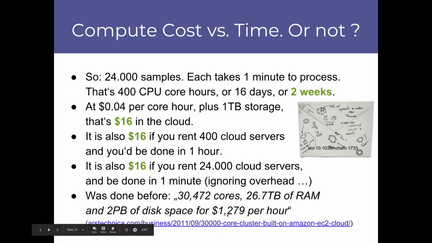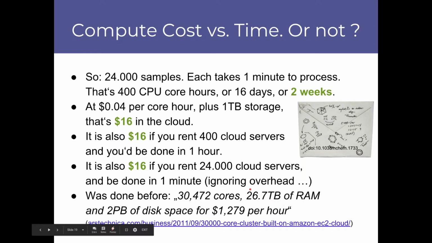It's $1,200 per hour. And they were doing that for some big pharma company, and they were running a large screening study, and it took a couple of days. But if they had done that on the in-house cluster, it would have taken weeks and months to complete. So this shows you that cloud computing is feasible.